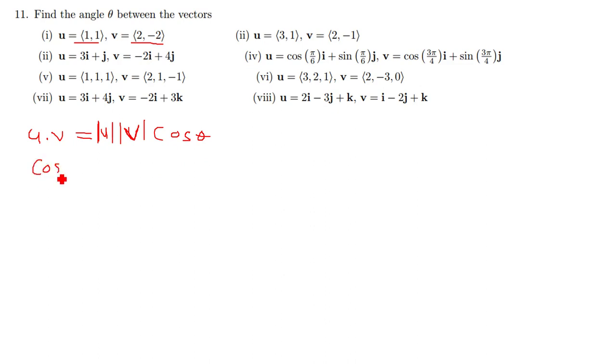So we say cos theta will just be equal to u dot v over the magnitude of u times the magnitude of v.